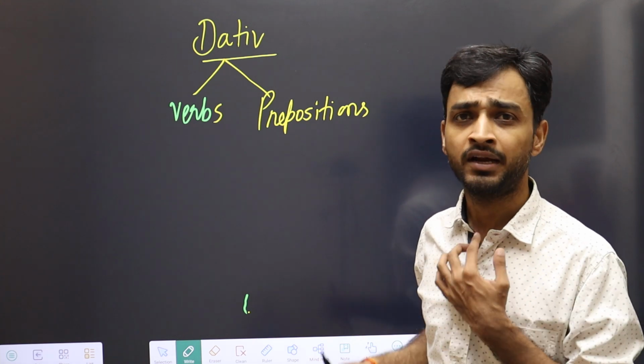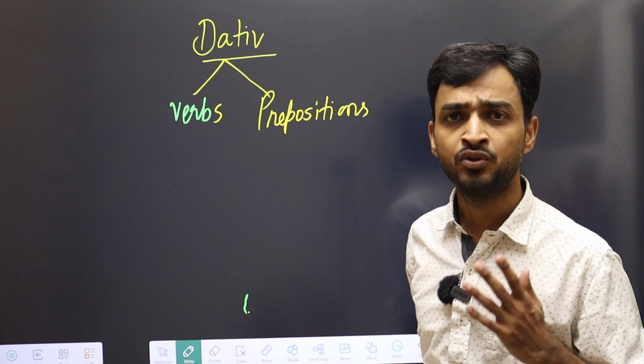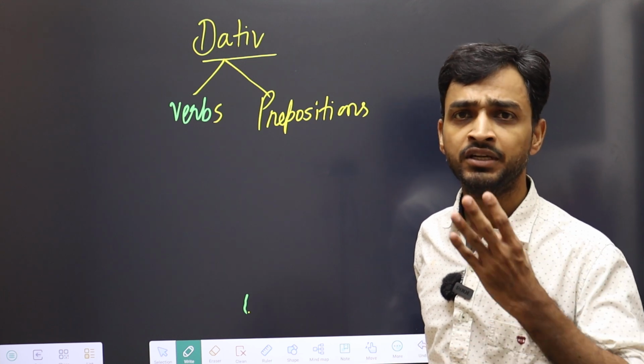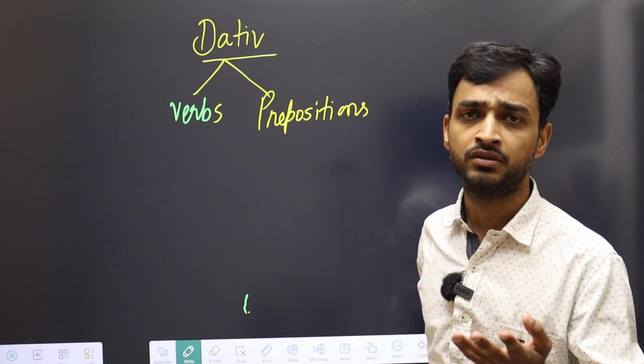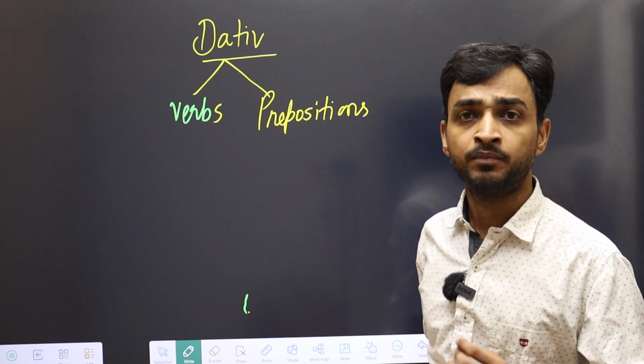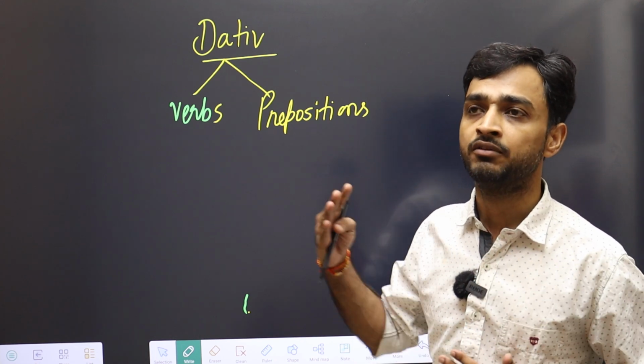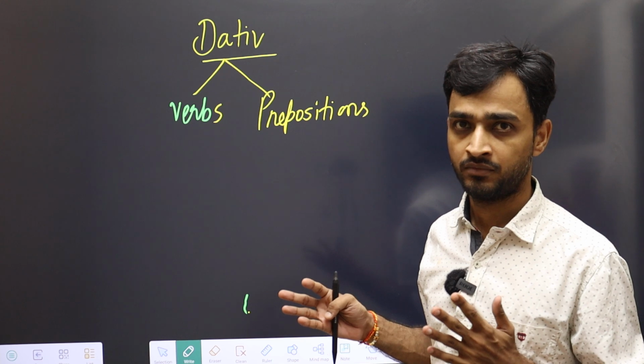So first of all I will write certain dative verbs. Prepositions are not so many that you cannot easily remember. It's very handy, 9 to 10 prepositions, less than 10, but dative verbs are enormous, and of course in dative verbs there are different sections.